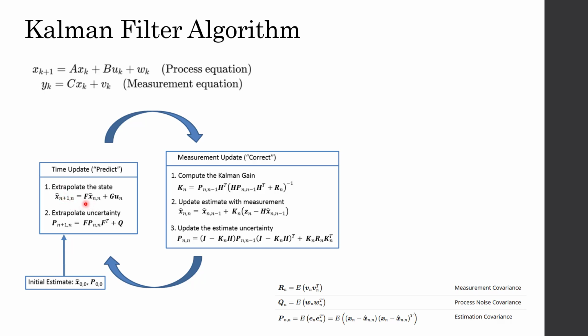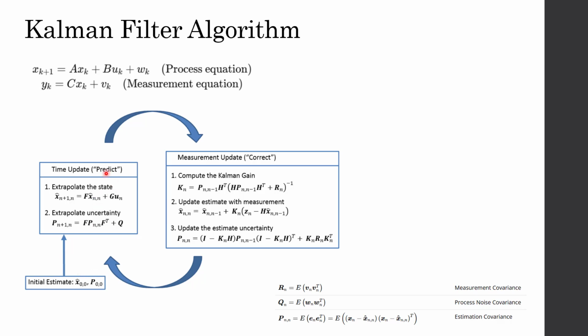The first equation: F is basically the A matrix and G is the B matrix, which is related to the input, and with this we estimate our current state variables, and then we also estimate the uncertainty in our estimation of the state variables, which is P. Initially we give some initial state variable values and uncertainty, but over time it recursively evaluates these to be accurate.